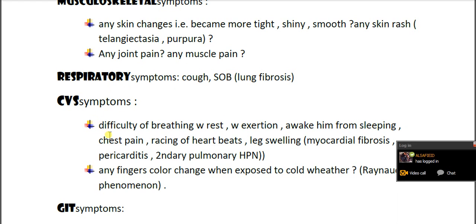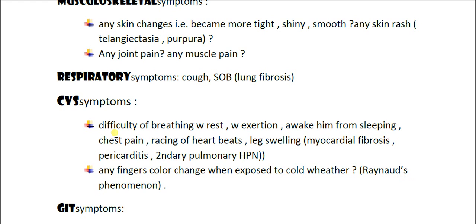Cardiovascular system: any chest pain, any racing of heartbeats, any shortness of breath, any leg swelling. If there is anything positive with the symptoms, you have to do a brief analysis of this symptom.